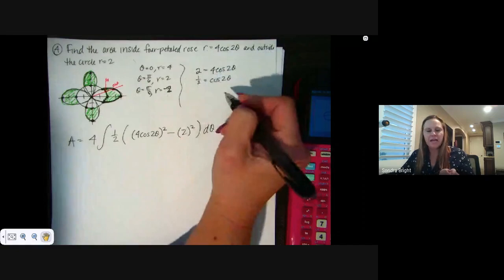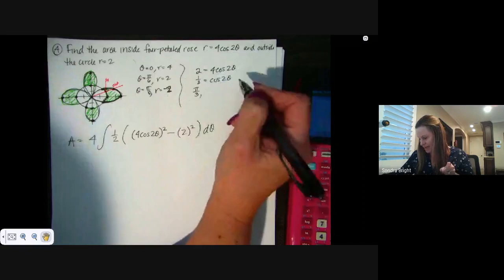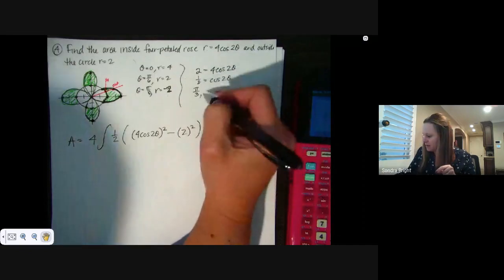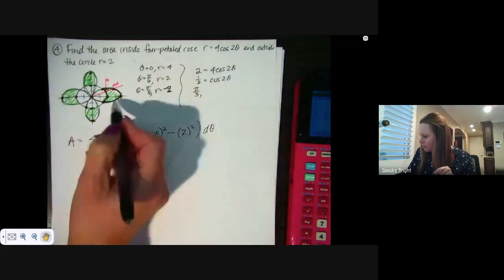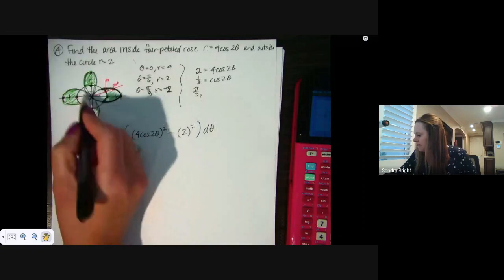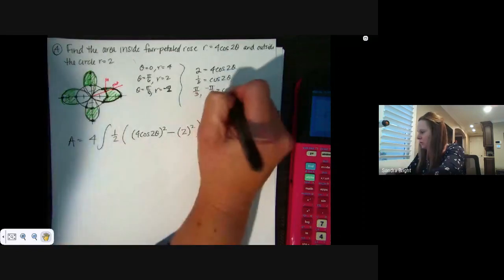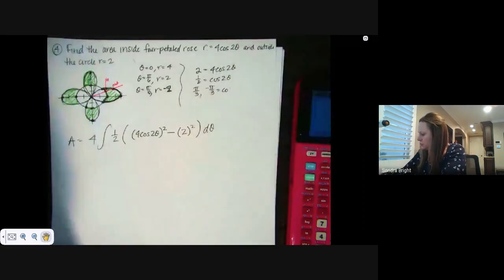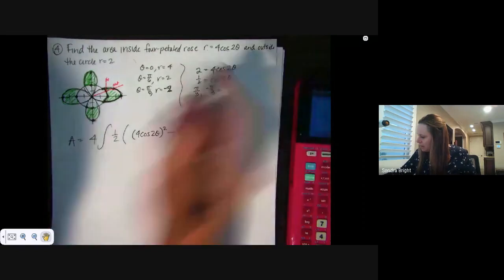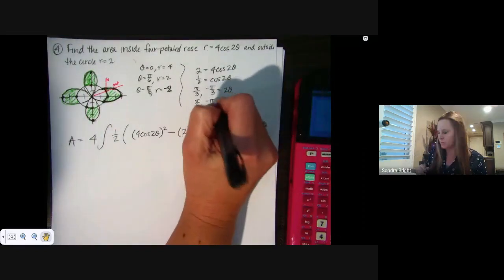And the other time is 5 pi over 3 when it's positive, but I'm not going to use 5 pi over 3 because that would go the wrong way. Instead, I'm going to use negative pi over 3. Now that's equal to 2 theta. My angle is 2 theta, so I need to divide both sides by 2 and get a pi over 6 and a negative pi over 6 as my theta values.